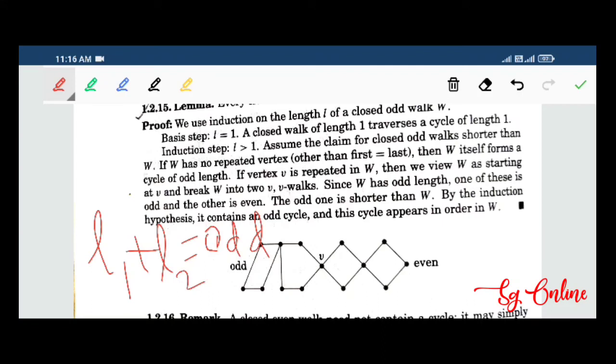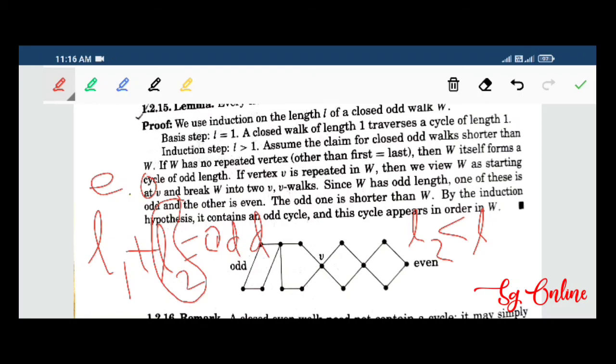That is, one is even and the other is odd, otherwise you cannot have the total odd. Which part is odd? You just consider this part. Now the length of this part is less than the length of the original closed odd walk, and so by induction hypothesis this part contains an odd cycle, and that proves that the whole closed odd walk contains an odd cycle.